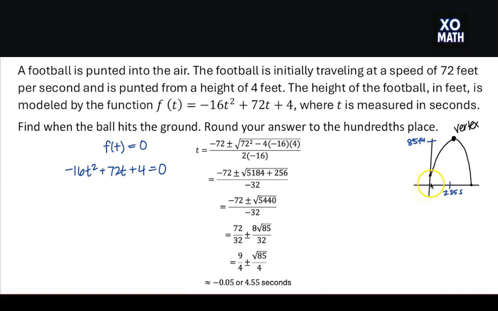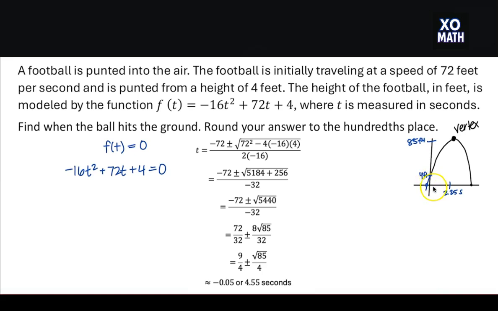Well, our initial height of the football being kicked was 4 feet. And so if I just think about the parabola as a graph, I know that this entire parabola would keep going and would intersect the x-axis somewhere else.